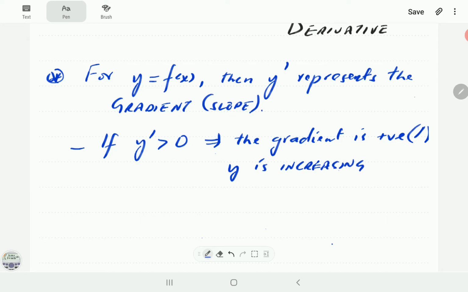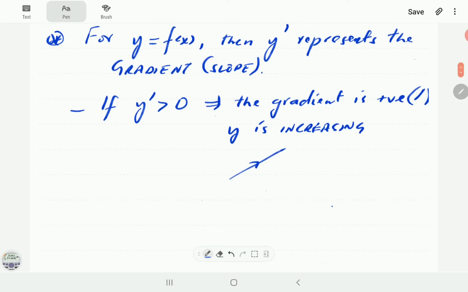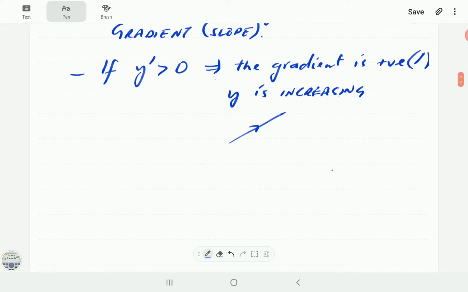because we take left to right as the positive direction by default. So if the graph is like a forward slash, then as you traverse along this line, your height actually increases. So that is why we call this an increasing function.